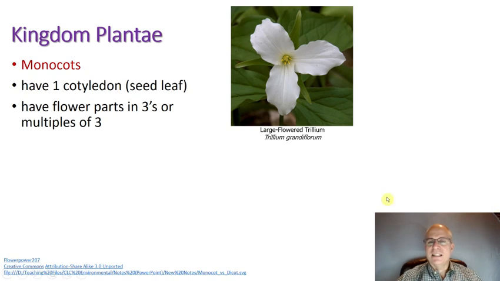And as you can see, it has 3 petals, 3 sepals. In fact, the name trillium comes from the fact that it has 3 of these structures. And it has 3 stamens here, or excuse me, 6. 1, 2, 3, 4, 5, 6. So flower parts in a multiple of 3.